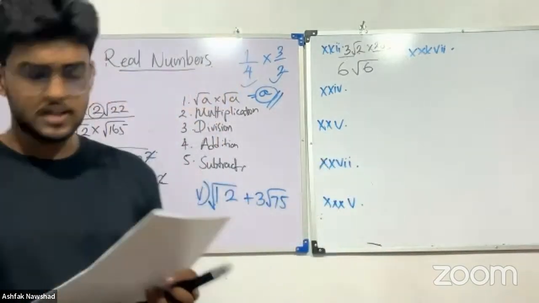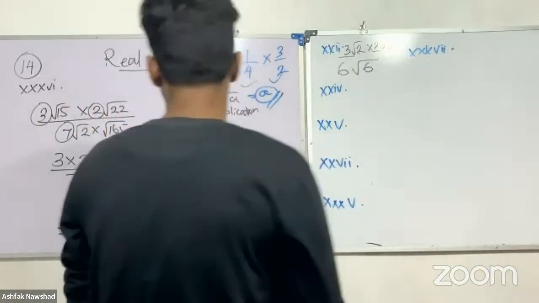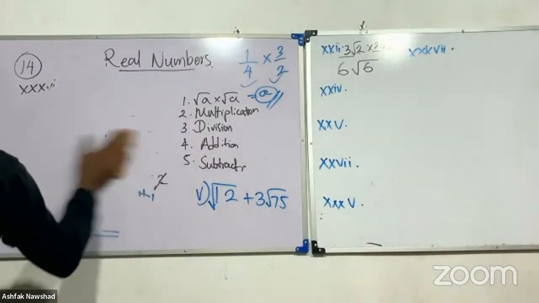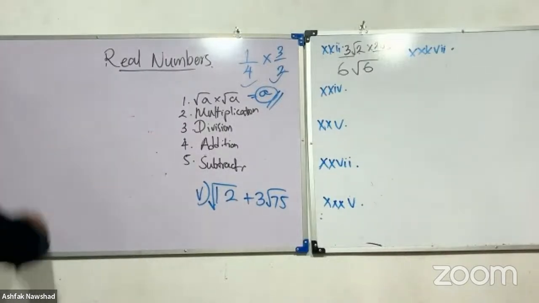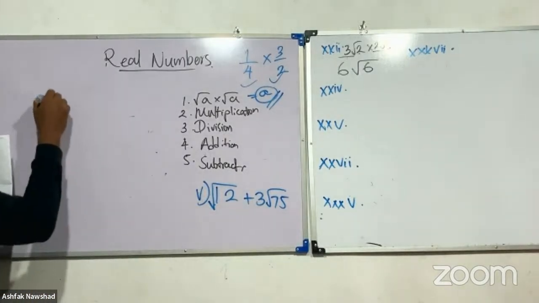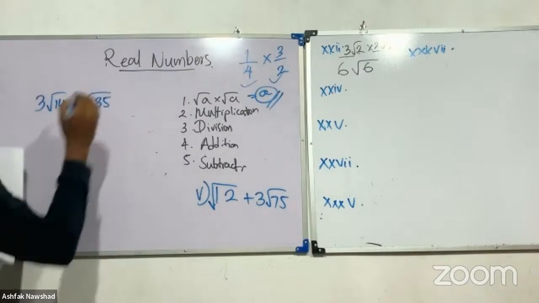And next, what did I ask you to do? 24. See, 3 root 14 times root 35.